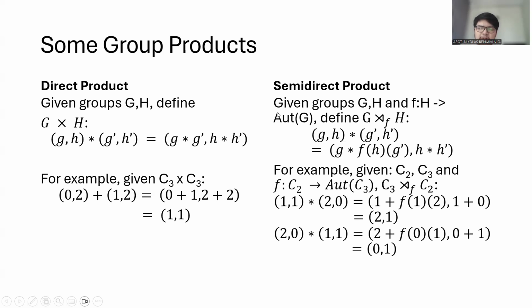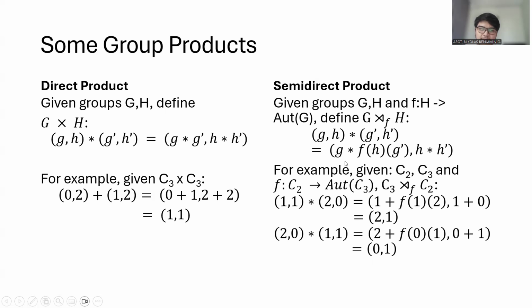Next, we have a slightly more complicated group product called the semi-direct product. Given groups G and H, and a homomorphism F from H to the automorphism group of G, we define the semi-direct product of G and H with respect to F as, again, over the Cartesian product.